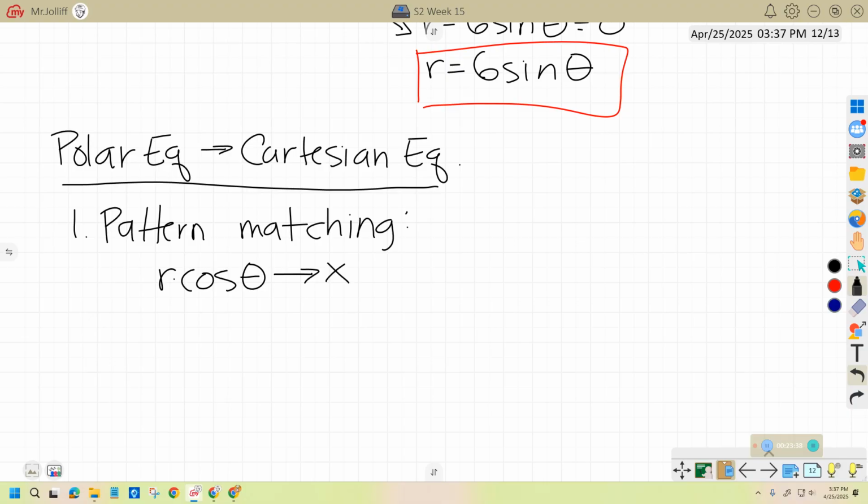You see r cos theta in any of its variations floating around, that's an x. If you see an r sine theta floating around, that is y, yeah? And we know that if we see r squared by itself, that's x squared plus y squared.